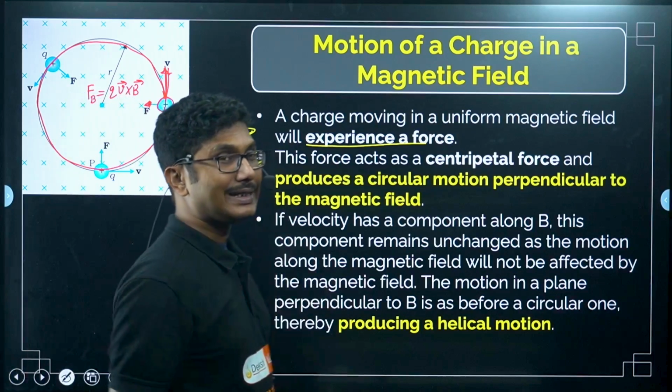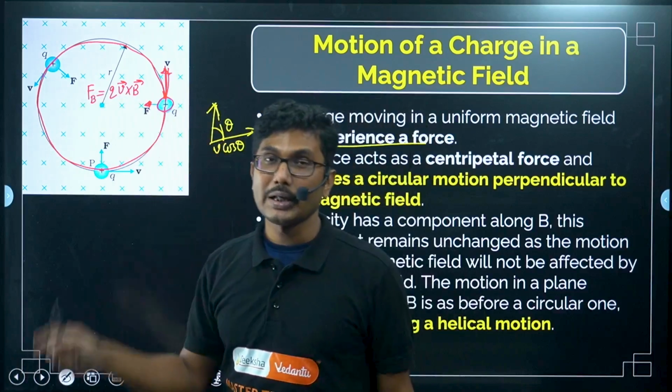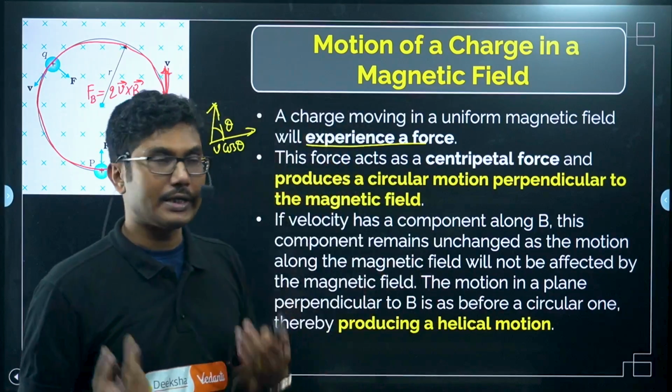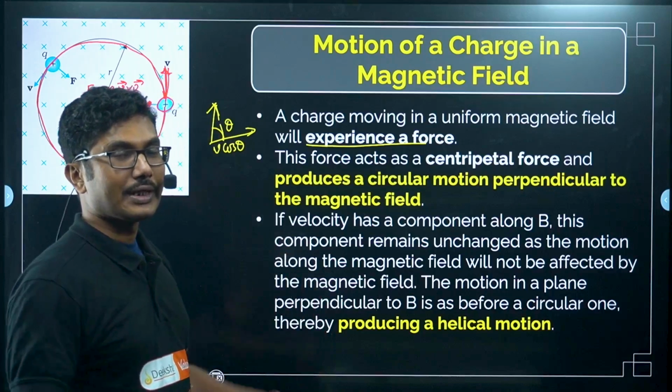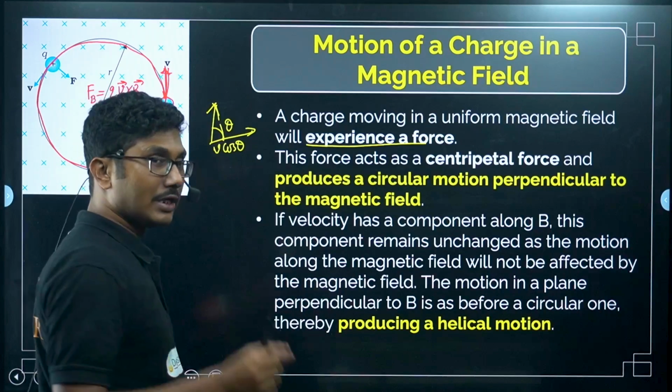So what will happen in that case? When they are perpendicular, obviously it will start rotating in a circle. We will study in detail what the radius of the circle will be, what the frequency of rotation will be, everything.